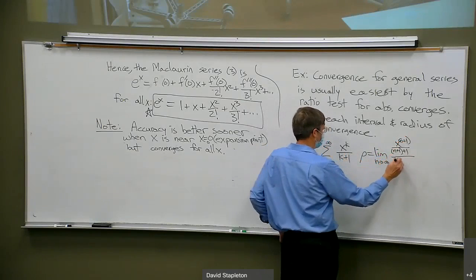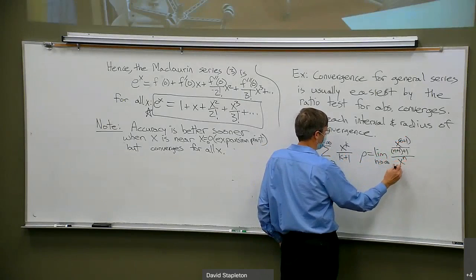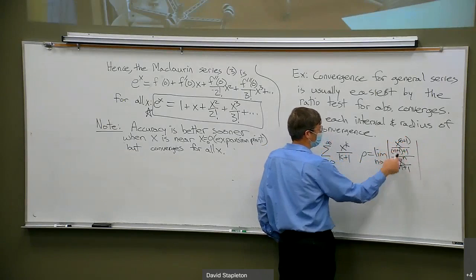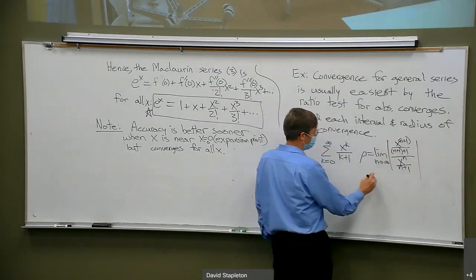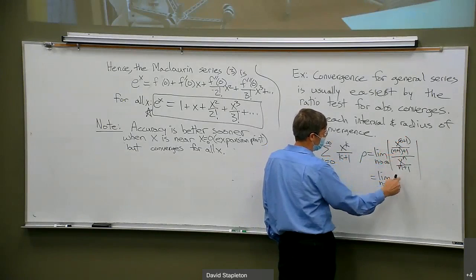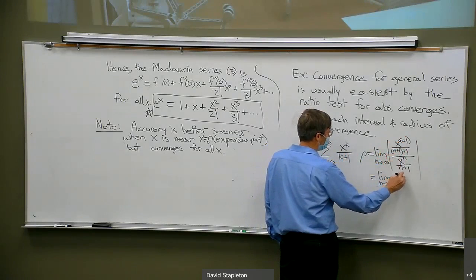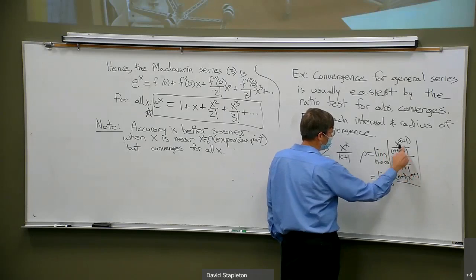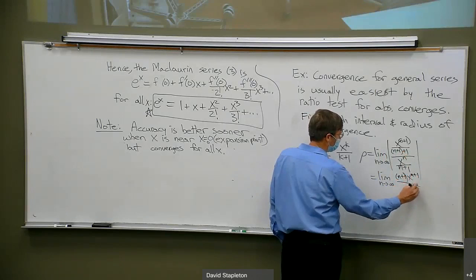And on the bottom, you just replace k with n, x to the n over n plus 1. There it is, the ratio of the n plus first term to the n. This is the limit as n goes to infinity of top times bottom is n plus 1 x to the n plus 1 over middle times middle, x to the n times n plus 2.